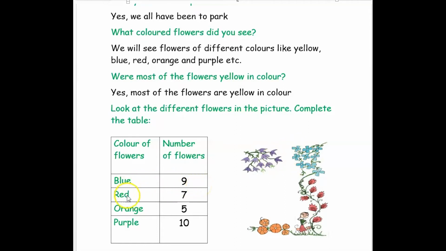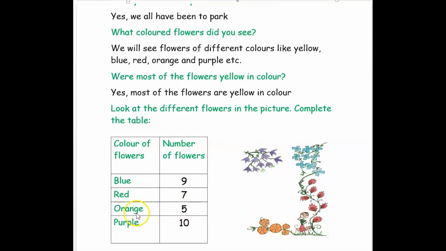The next color given is red. So we'll count the number of red flowers. 1, 2, 3, 4, 5, 6, 7. So there are 7 red flowers. Now the next color given is orange. We will count orange flowers. 1, 2, 3, 4, 5.